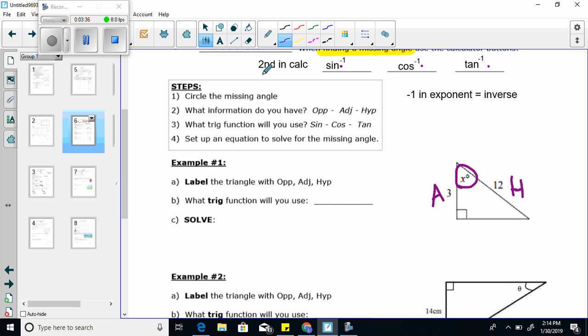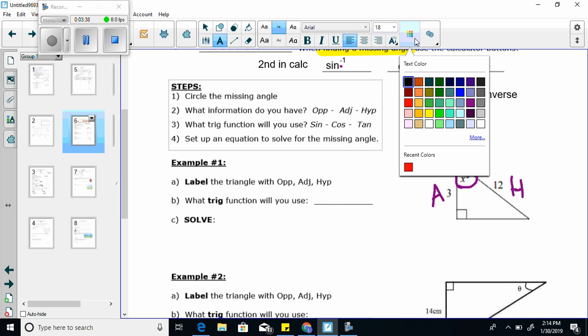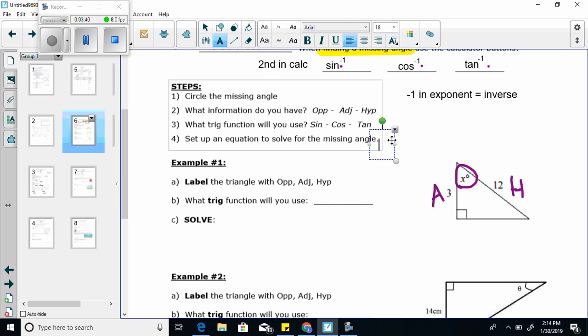Then, as always, our favorite thing in the world, SOHCAHTOA, to determine what trig function we're going to use. What has to do with an adjacent and a hypotenuse? That's CAH, adjacent over hypotenuse.